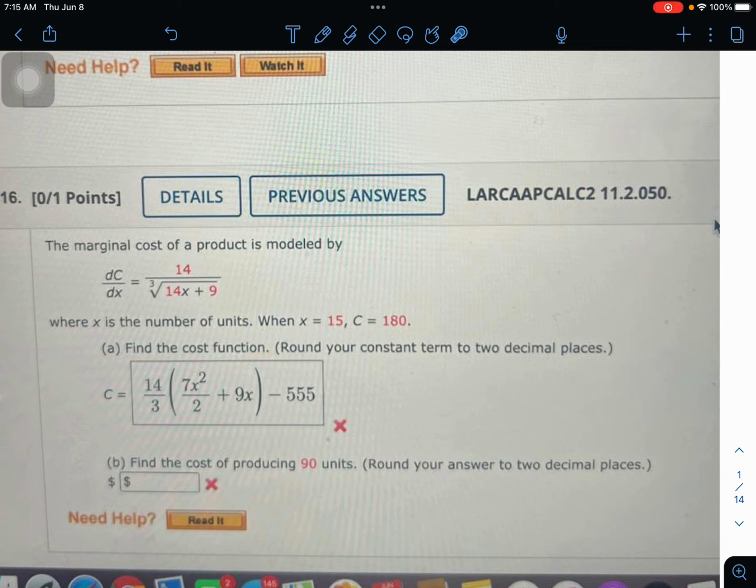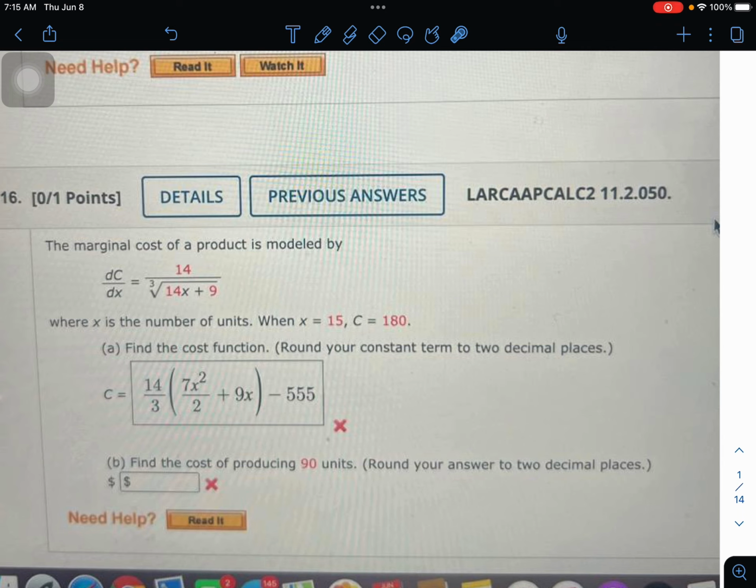Okay, so this function right here, as I said, is the derivative of some other function, because this is a rate of change. So this is a derivative function. And the cost function is actually the function that this is the derivative of. So to get the cost function, you have to take the integral of this.